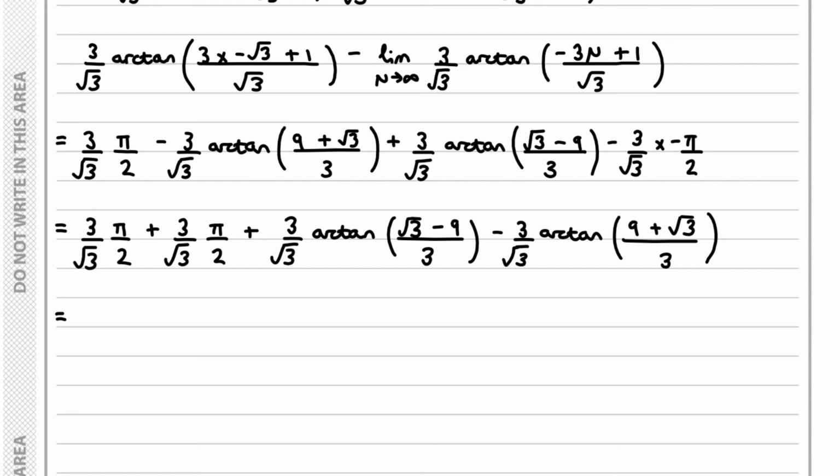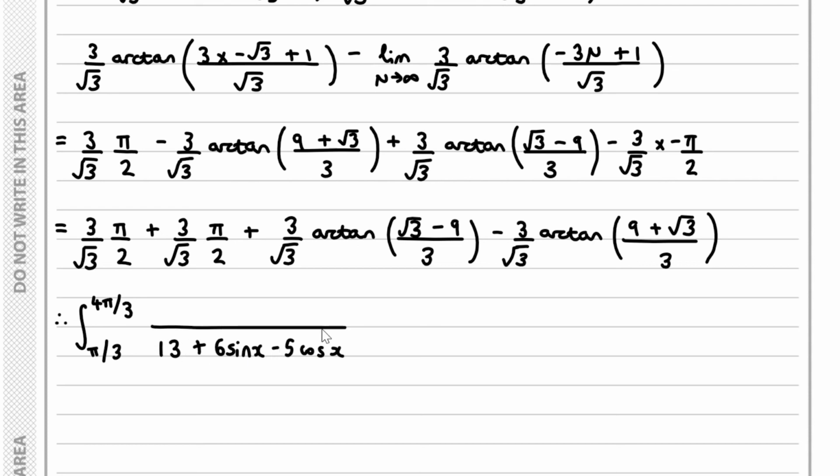So therefore, if we simplify all this, the integral from pi over 3 to 4 pi over 3 of 13 plus 6 sine x minus 5 cos x.